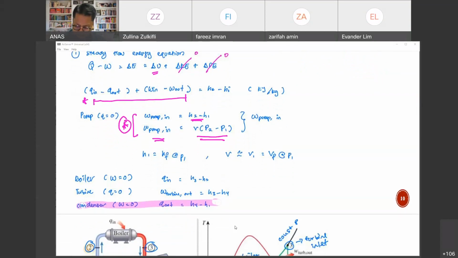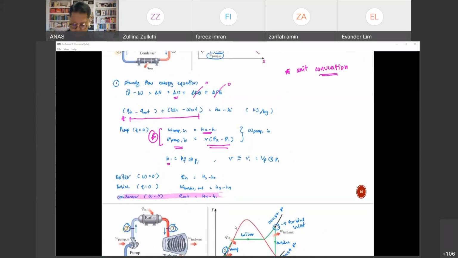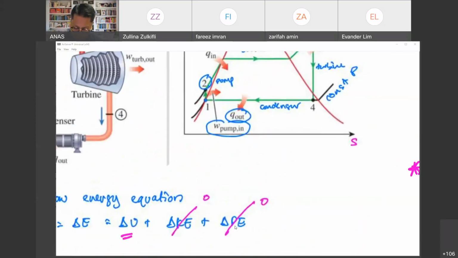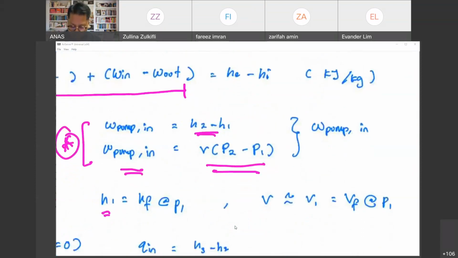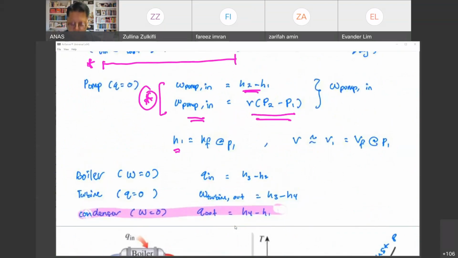And it's important to note over here, if you look at the diagram, the location of point 1 is on the saturated liquid line. And from Thermo 1, back when we learned about the property tables, when we have something along the saturated liquid line we can get the enthalpy H1 as hf at P1.